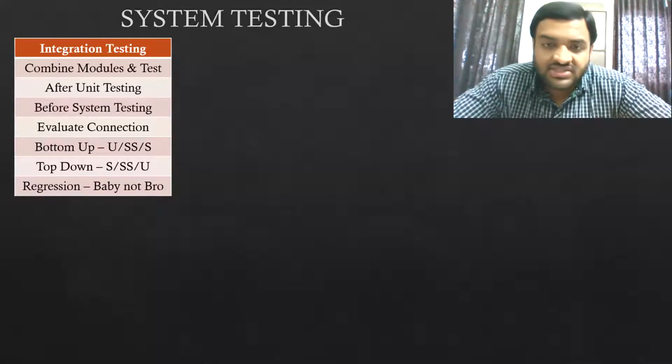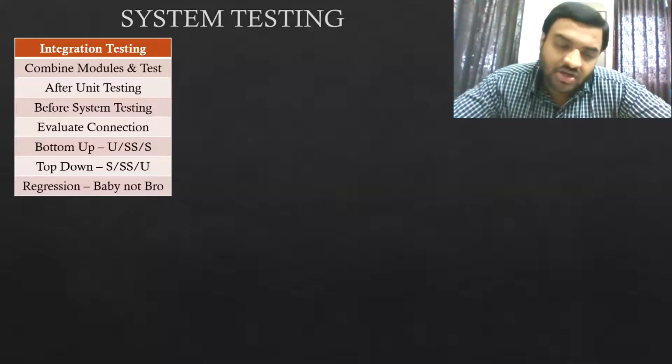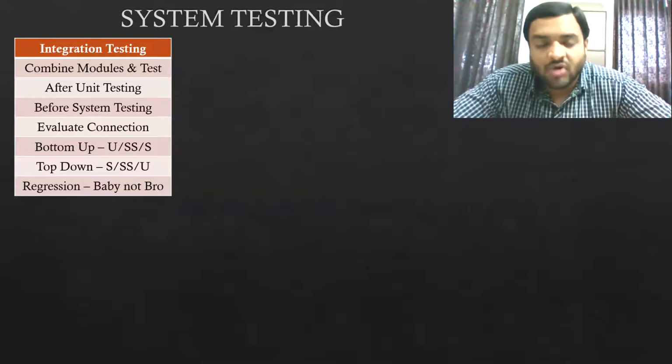So this order of verification is called the bottom up approach. Now, if we first look at the system, then we look at the subcomponents or subsystems, and then we look at the unit testing, it is called the top down approach. So bottom up approach, top down approach.